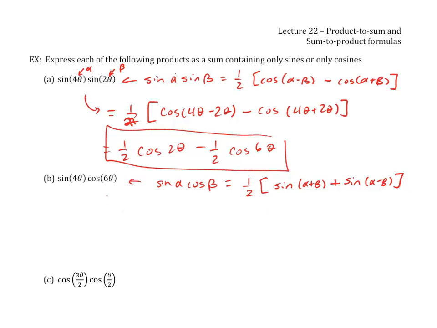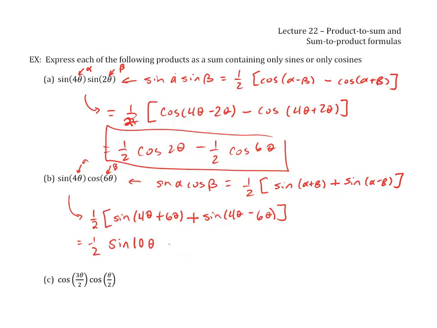Okay, so that gives us, if 4 theta is, again, alpha, and this time 6 theta is beta, we'll have this equal to 1/2 sine of 4 theta plus 6 theta plus sine of 4 theta minus 6 theta, which equals 1/2 sine of 10 theta plus 1/2 sine of negative 2 theta.